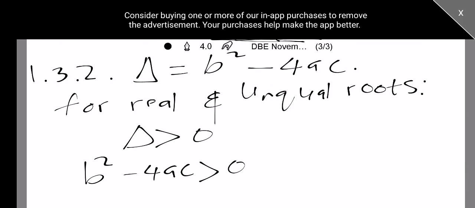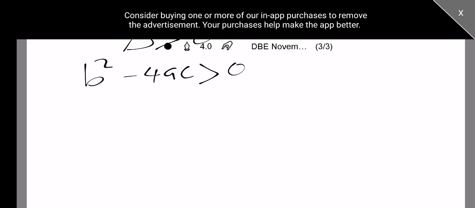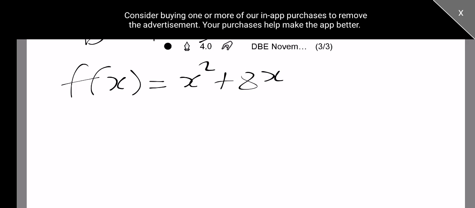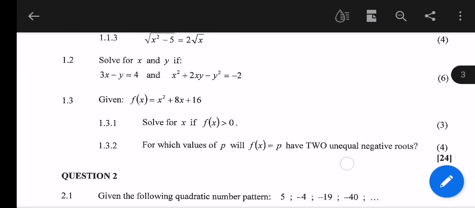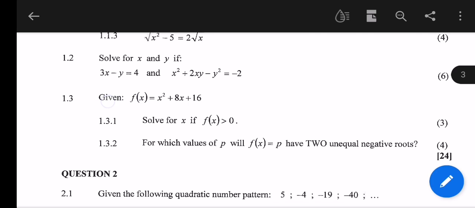Now let's work it out. Remember, the f of x was x squared plus 8x plus 16. Let's just go to confirm it. There is your f of x.